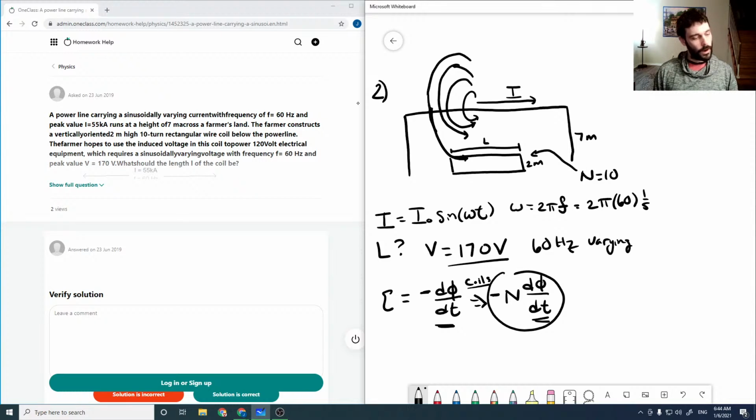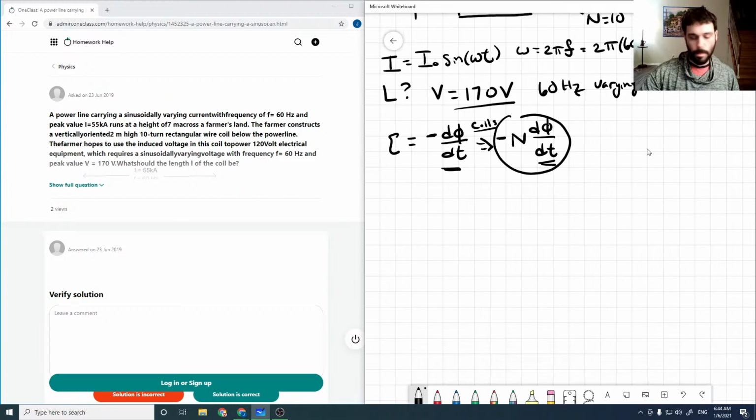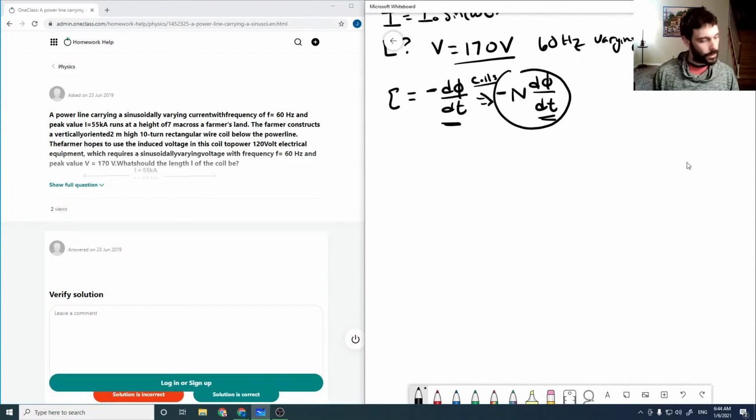So what is our flux? So let's find that first. So now to find the flux, I'm also going to kind of redraw the relevant parts. So here is my coil, which is 2 meters high. And actually that doesn't matter for me too much. I'm going to leave that out.